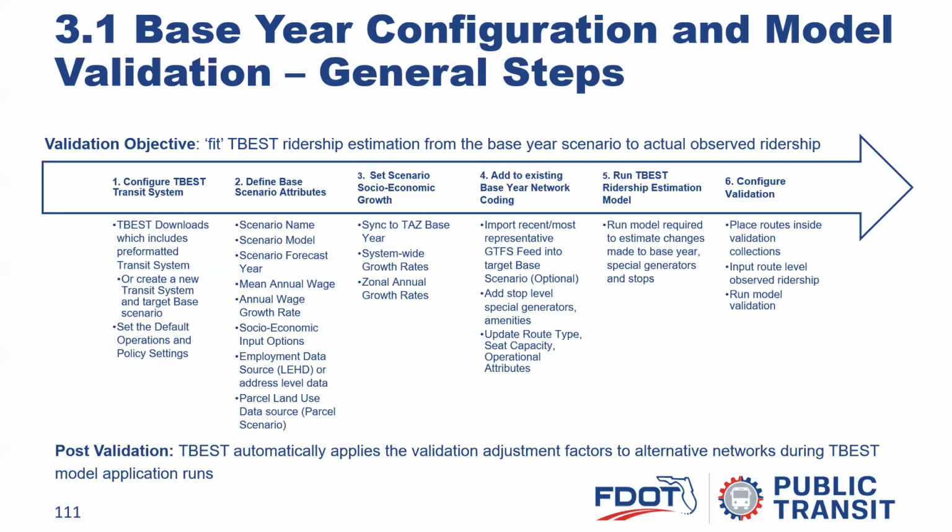So we're going to be walking through each one of these steps. There are some details here that we're going to go over in the subsequent slides, but as an overview, this serves to guide you on the overall steps to perform your model validation.